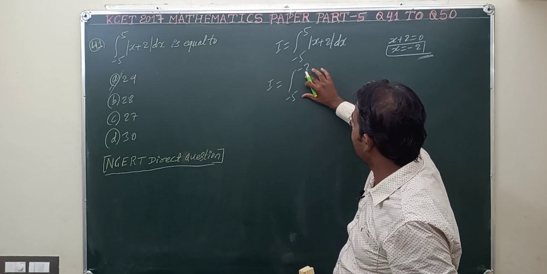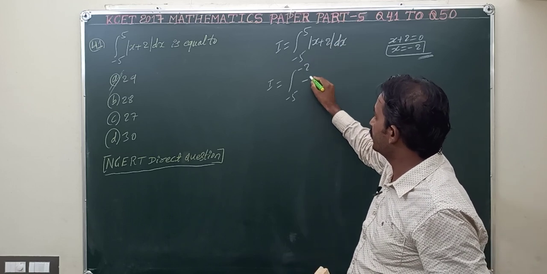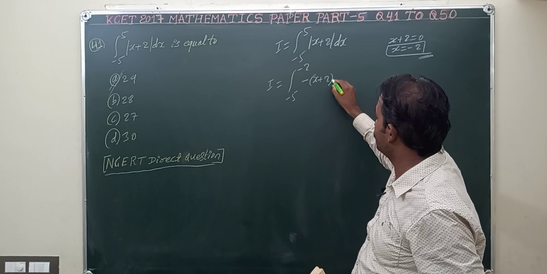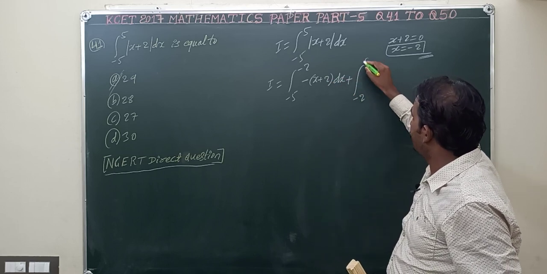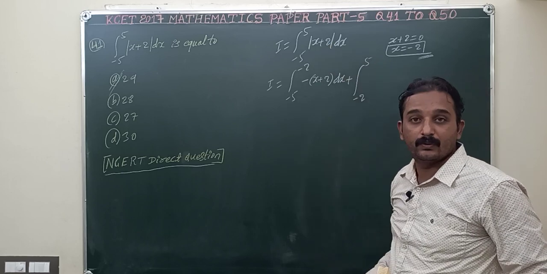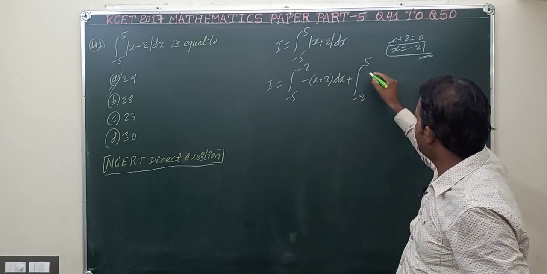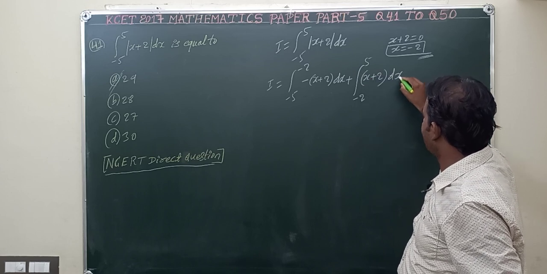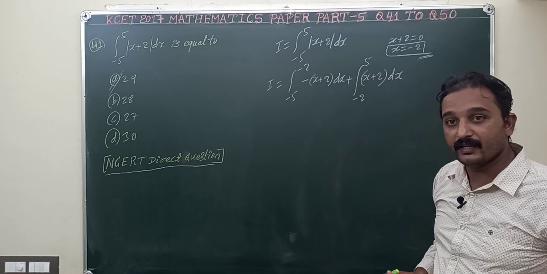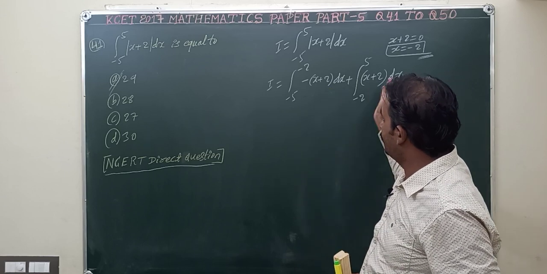In that interval x plus 2 is negative, so it can be written as minus of x plus 2 with respect to x, plus again minus 2 to plus 5. In that interval x plus 2 is positive, so it can be written as x plus 2 as it is with respect to x. Now it is the right time to integrate this integrand.